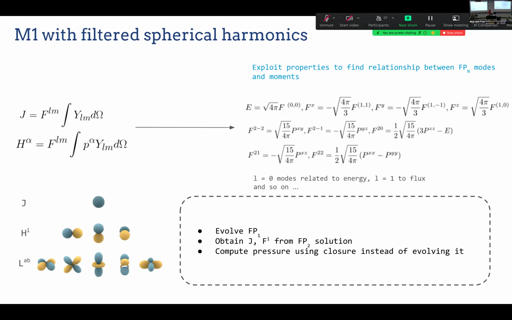Then, once you obtain the energy and the flux from your FP1 solution, you can estimate what the pressure is going to look like using an M1 closure type approach. And then instead of evolving the pressure, which is the L equals 2 mode, you just substitute that value. So this is a way of doing M1 using full Boltzmann type schemes in the way we formulated it in the code.